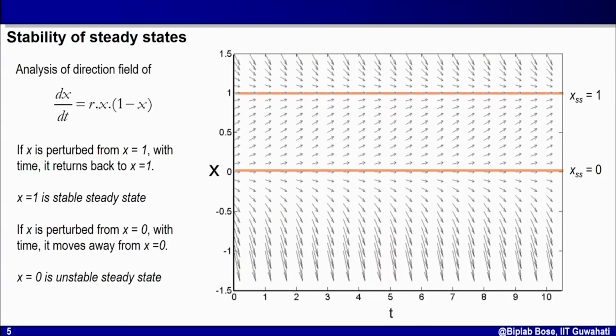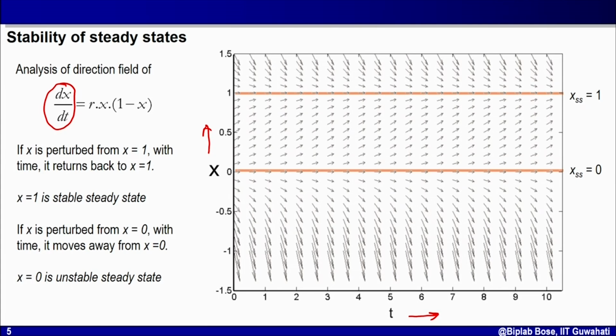To draw a direction field, in the horizontal axis I have plotted time t, in the vertical axis I have plotted x, and I have divided the whole x versus t plane into equidistant grid points, and at each grid point I have drawn an arrow representing the derivative dx/dt, and I have filled this whole plane with those arrows, so I have a direction field.